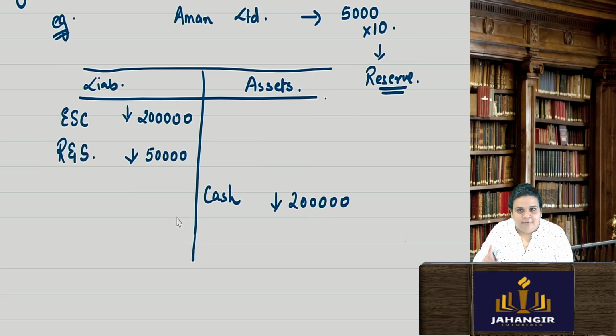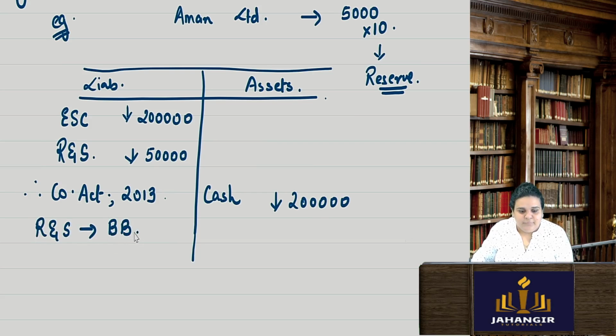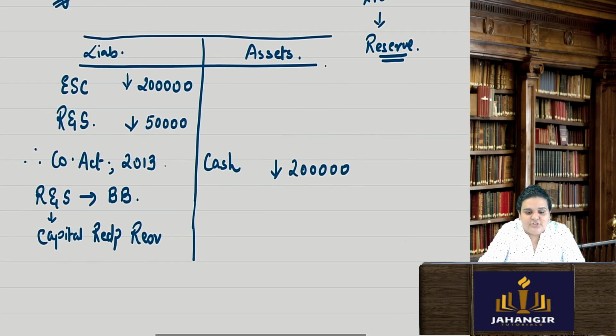Therefore, as per Company Act, this is how the principle of the accounts is also. As per Company Act 2013, if you are using reserves and surplus for the purpose of buyback, then that amount which you are using, transfer it to capital redemption reserve, just to show it in the books for the purpose of getting your balance sheet tallied.